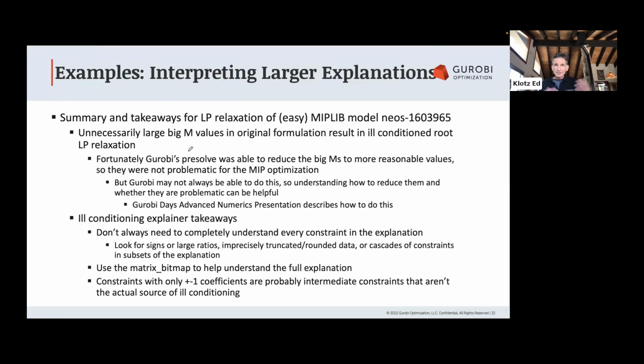All right, so what's the summary or takeaway from this? It was the unnecessarily large big M values in the original formulation that were the cause of the problem. It wasn't really problematic here because Gurobi's presolve recognized that it could reduce those big M's to more reasonable values that did not compromise the meaning of the model.